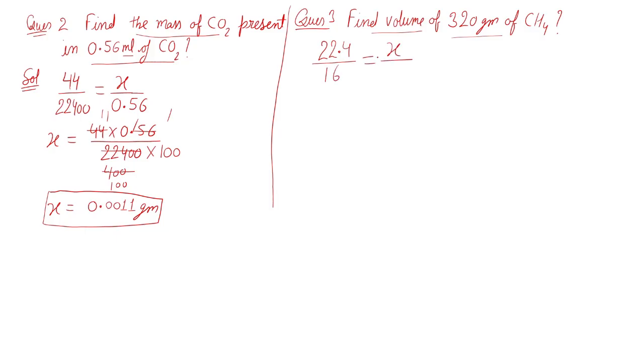Now we have to find volume. In liter it will be definitely, because we are using 22.4, and given mass is 320. So it will be 22.4 into 320 upon 16.